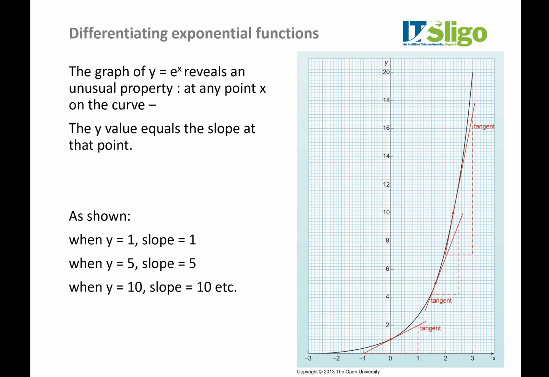And like I keep saying, guys, the exponential function, especially this e to the power of x, occurs very, very regularly in science, because in science we're often looking at how something grows naturally or reduces or decays naturally.